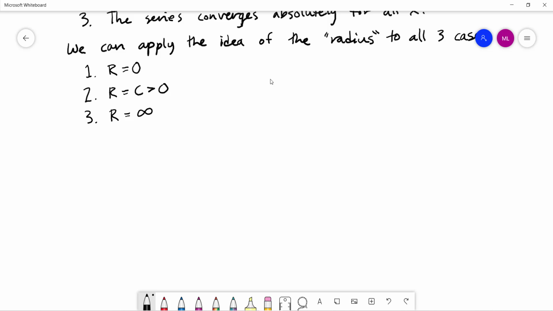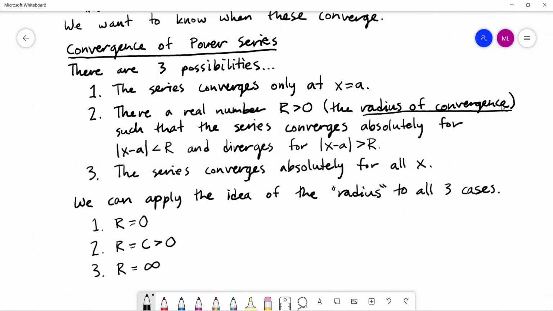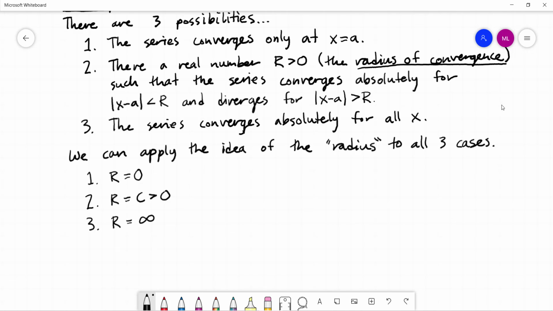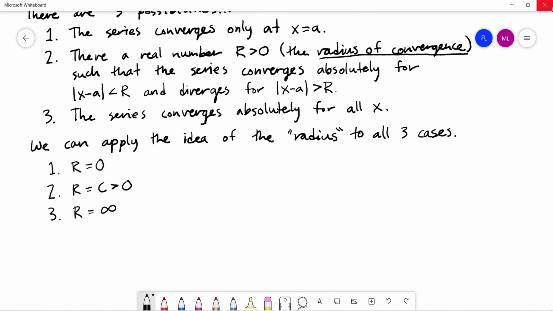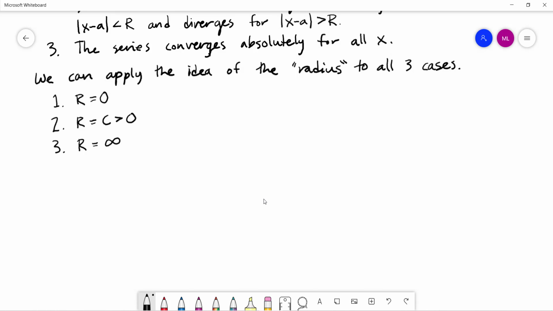The set of all the values for which our power series converges is going to be called the interval of convergence. So it's related to the idea of the radius of convergence. As I mentioned a minute ago, if our series is centered at x equals 3, so the value of a is 3, and the radius of convergence is 2, it would converge from 2 to the left of 3, which is 1, all the way up to 2 to the right of 3, which is 5. And our interval of convergence would be from 1 to 5.